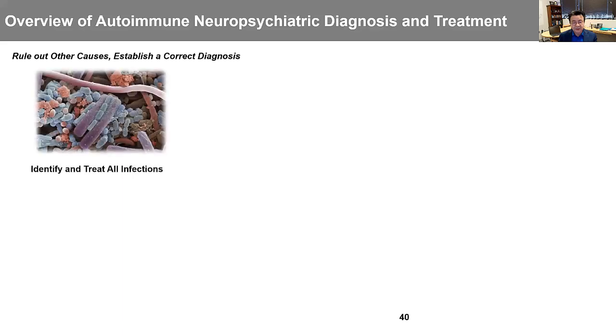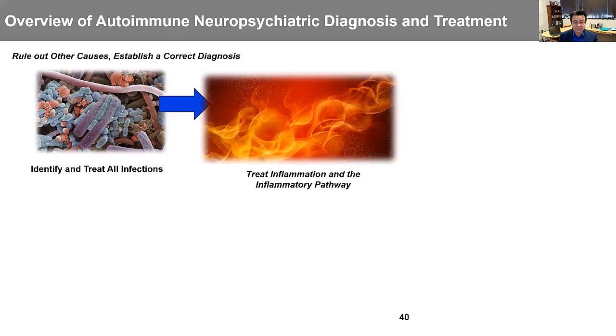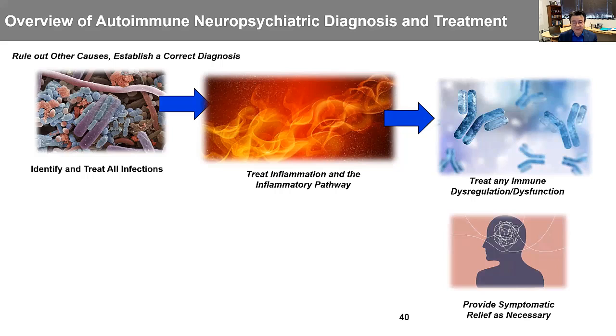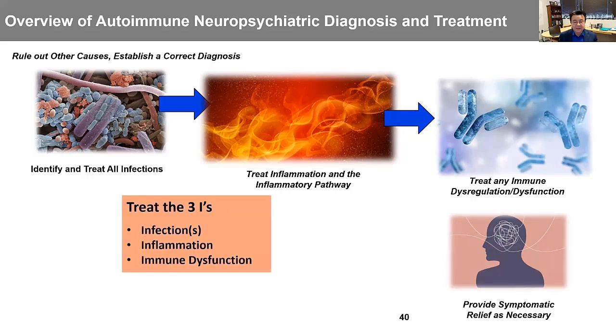So maybe we can sum this up in terms of the treatments. What you're really looking at, once a patient has been identified, be sure you look for all the infections because usually there's more than one. Treat the inflammation because the infection is triggering inflammation, and then treat the immune dysregulation in some manner and provide symptomatic relief as necessary. And we'll talk about these in the 3 I's.